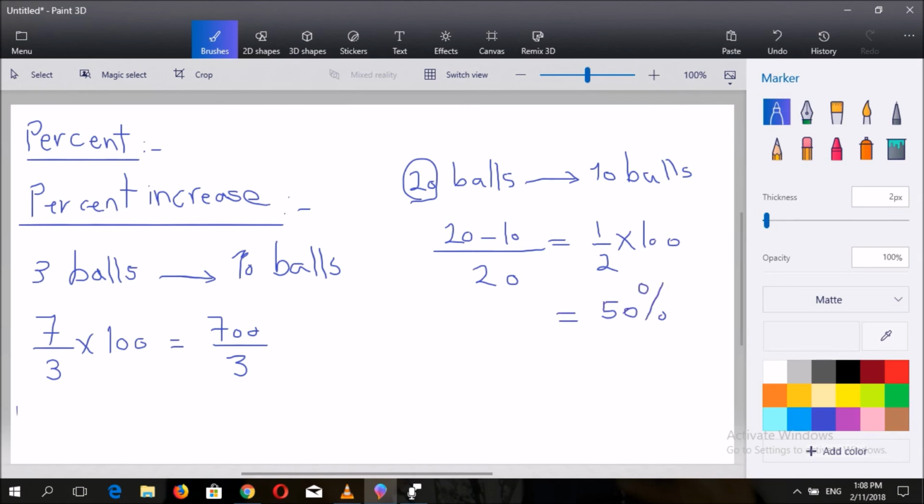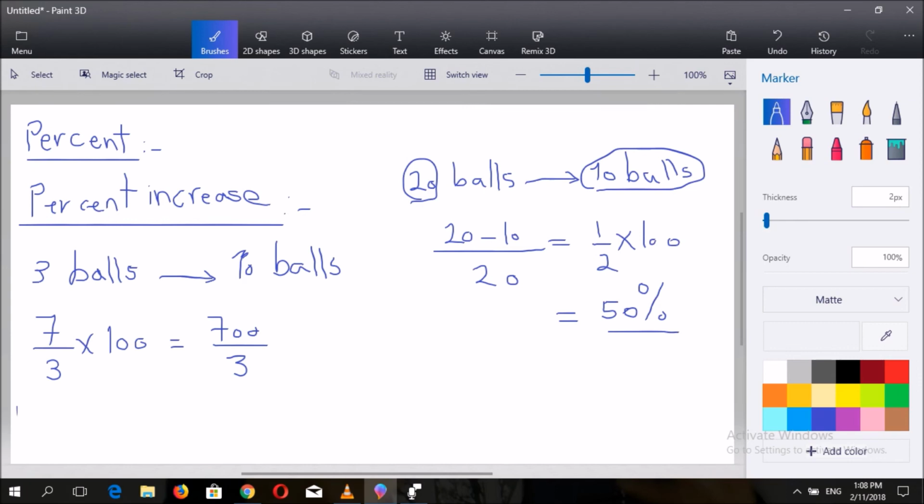Here 0 will be cancelled out. 15 divided by 3 is 45, divided by 10, which will give us the value of 4.5. So 4.5 is actually 15% of 30. This is how we calculate the value of percentages.